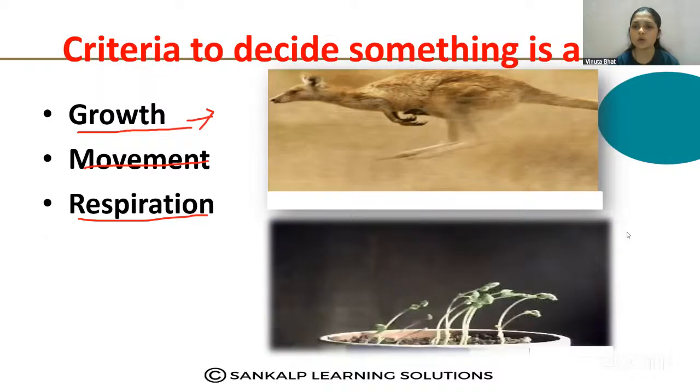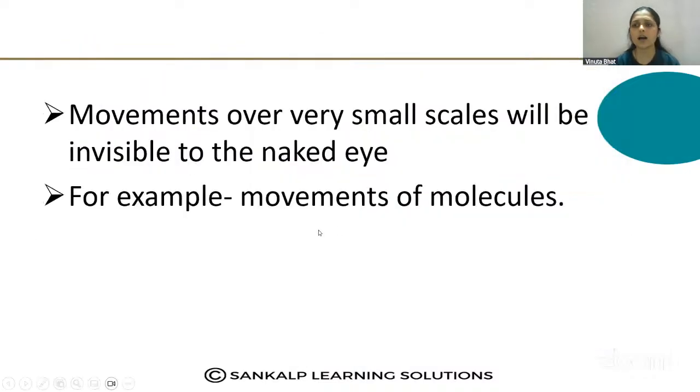But when you observe some organisms, for example a crocodile near a lake, sometimes it looks like there is no respiration or no movement, but we cannot decide the crocodile is dead, right?